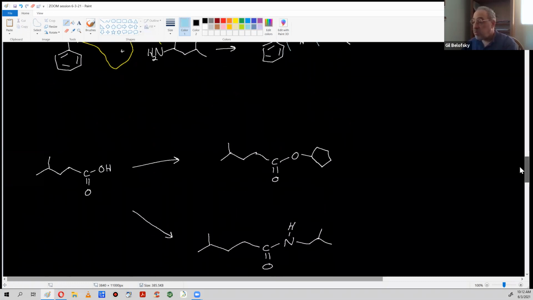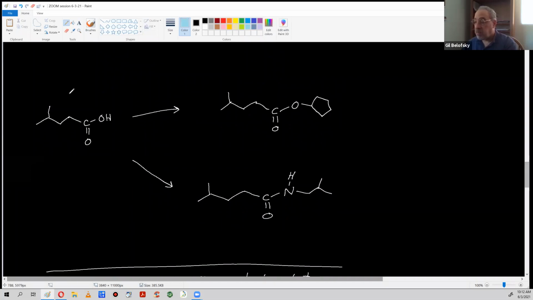It's not too hard to imagine, since you're starting with a carboxylic acid in both cases, that you can make an ester in one instance and an amide in another instance. Here you're asked to provide, for example, what reactants you need to go along with the carboxylic acid to get to the ester or the amide. So all you have to do is refer above and mix and match or plug and play.